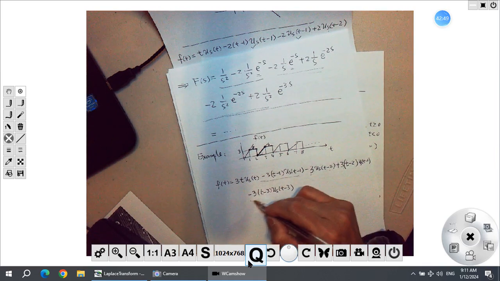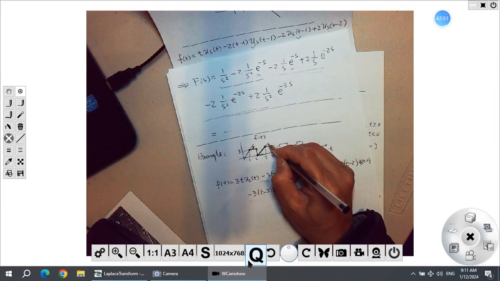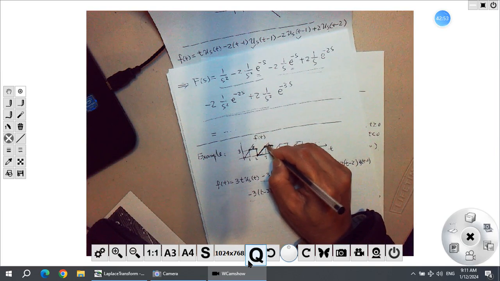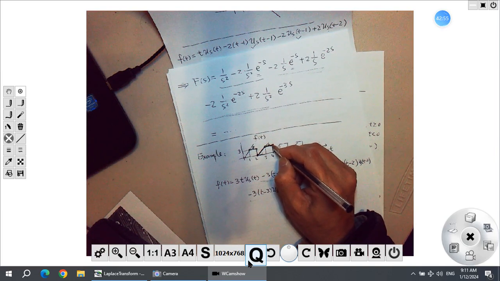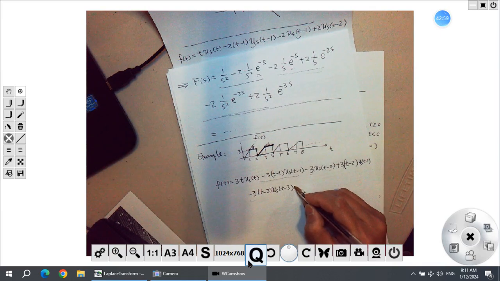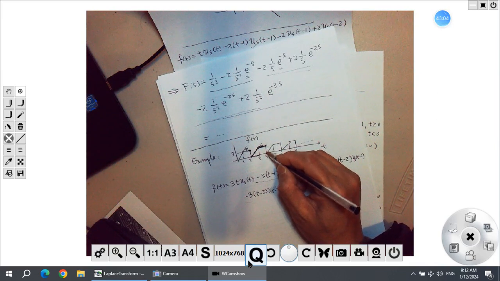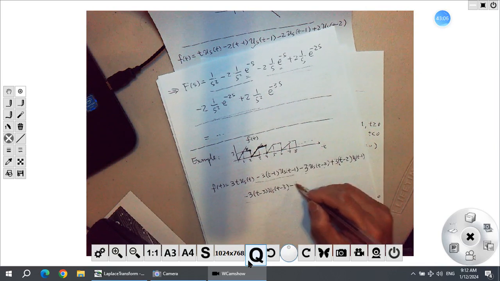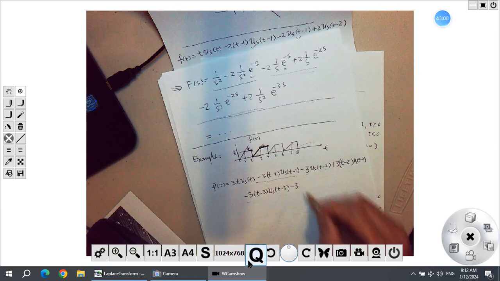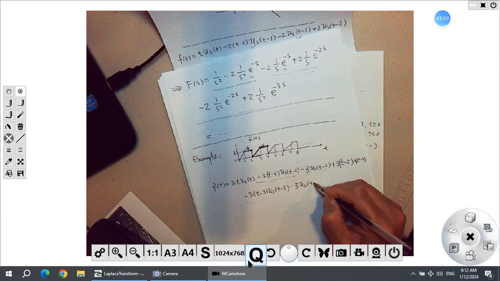After I cancel this ramp, I get this part. Okay, next things change at time equal to 4. So I need a minus 3, jump down by 3 times u_s of t minus 4.